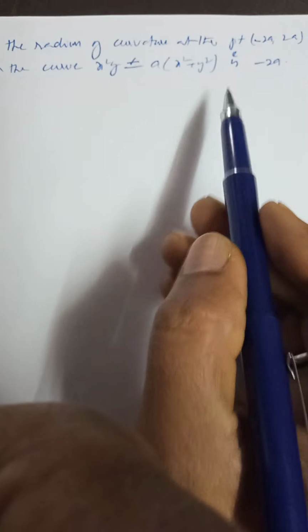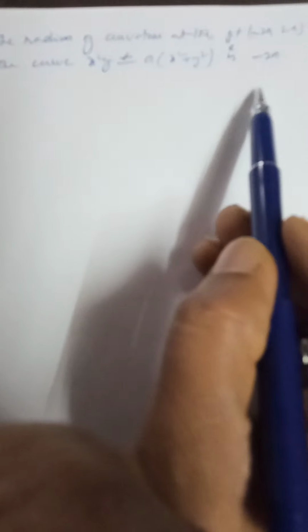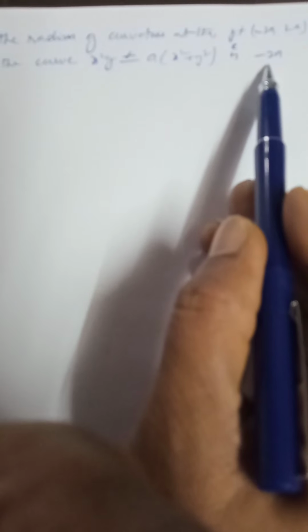We have to show that the radius of curvature of the given curve is equal to -2a.